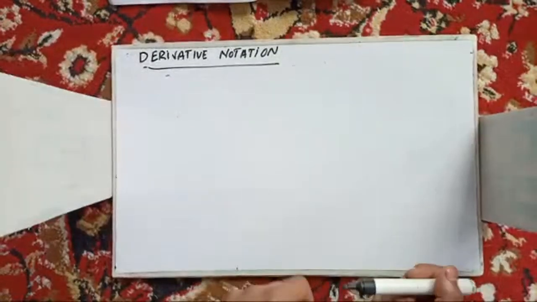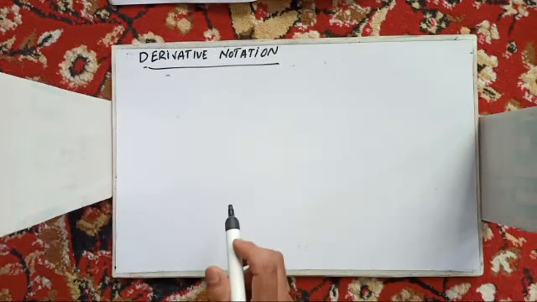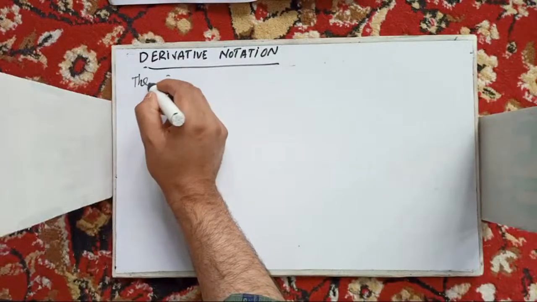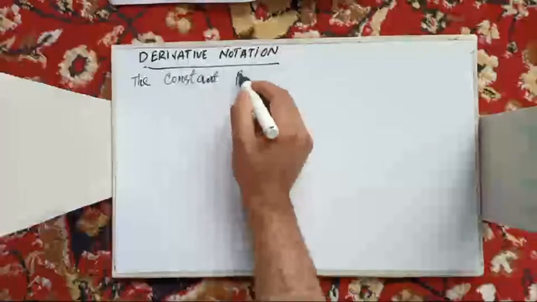So the first rule of differentiation is the constant function rule.